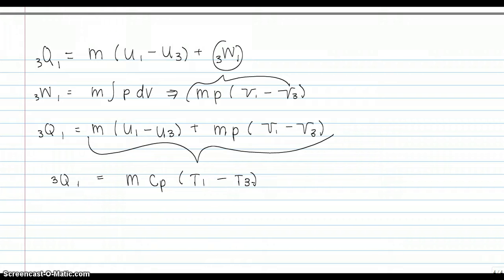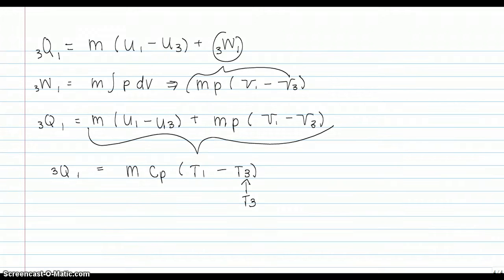The only problem is that we have to find T3. To solve for T3, we're going to use the equation T3 divided by T2 is equal to P3 divided by P2, all to the power of K minus 1 divided by K. We have every single term except for P2.